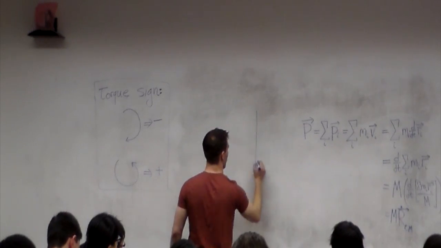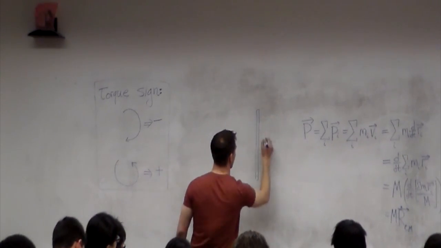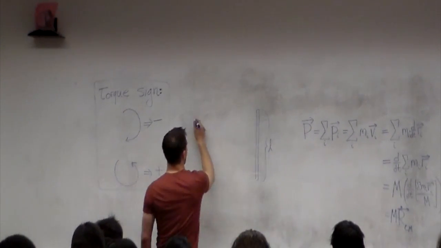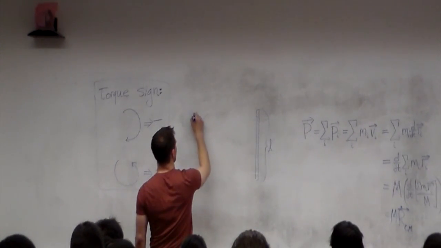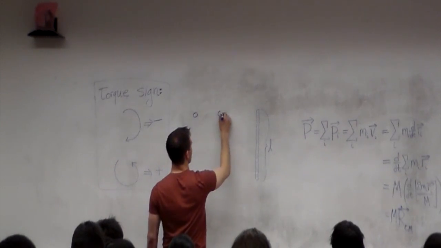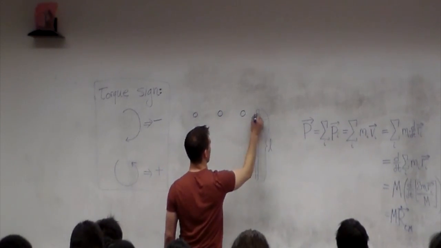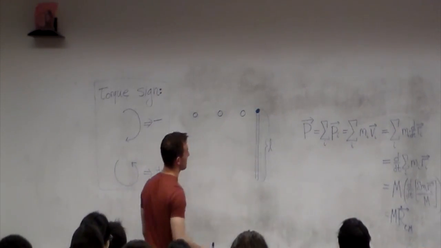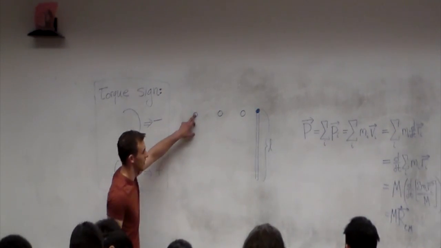Here's my rod, with length L. There will be 3 positions that I'm going to sketch: 1, 2, 3, and then once more when it's right there, once it's connected. Where is the center of mass when it's right here?